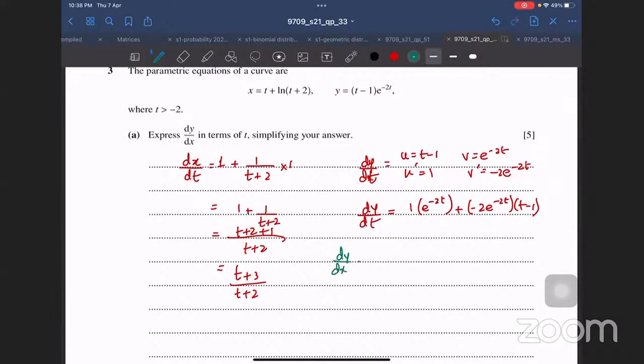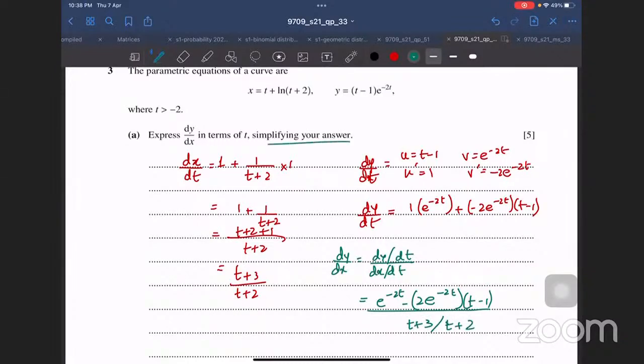For dy by dx, I'm going to use the chain rule. You might have learned the chain rule differently. This is how I do the chain rule, by simply dividing two expressions: e power minus 2t minus 2 e power minus 2t into (t minus 1), over (t plus 3) over (t plus 2).